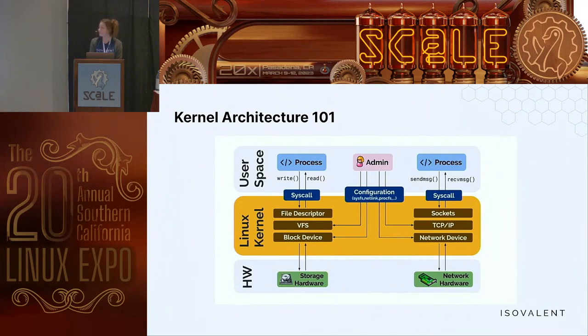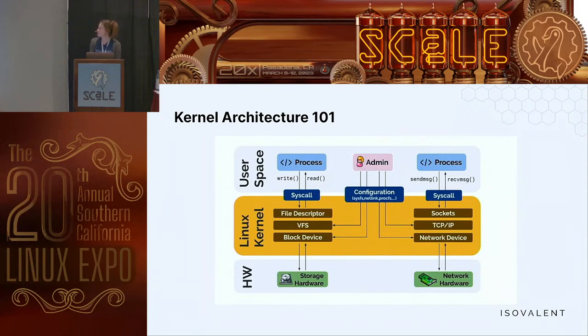And then similarly on the user space, we have a notion of a process, an agent, a user space application, and that application communicates with the kernel via system calls. For example, if you would like to do file I/O, you would use sys_write, sys_read.